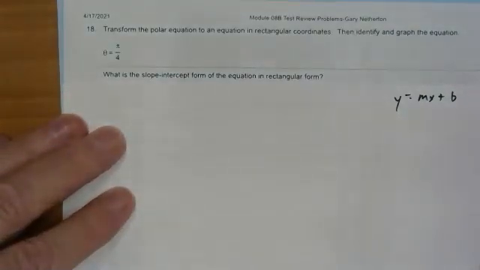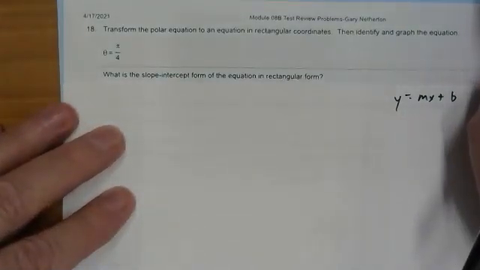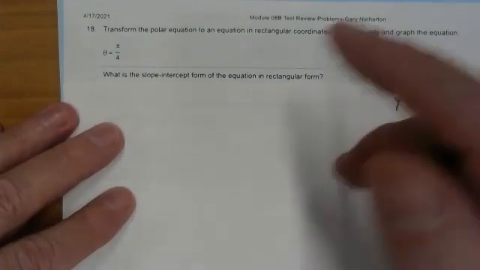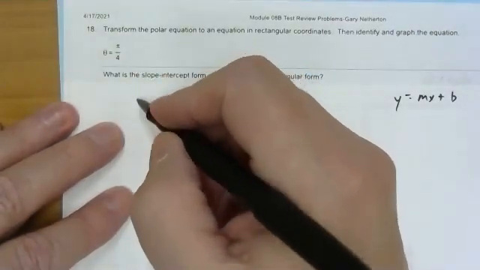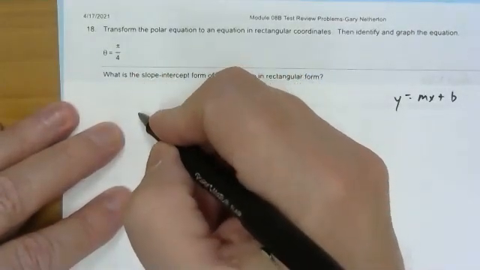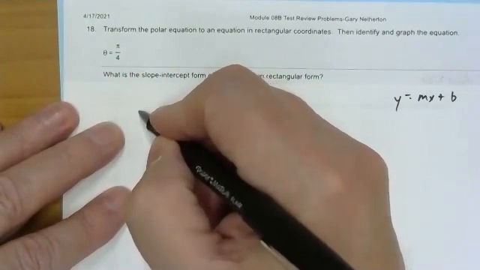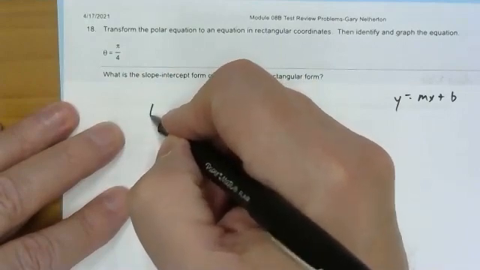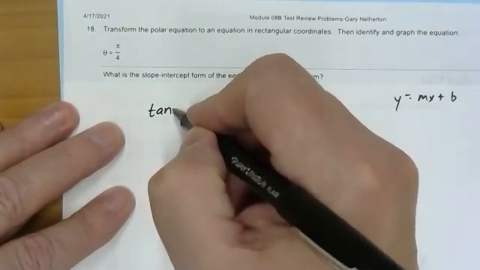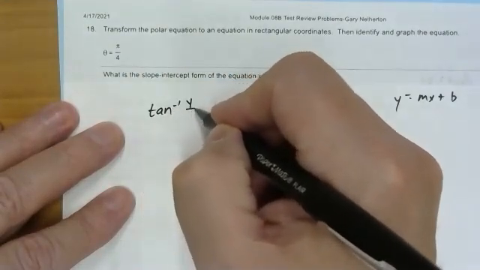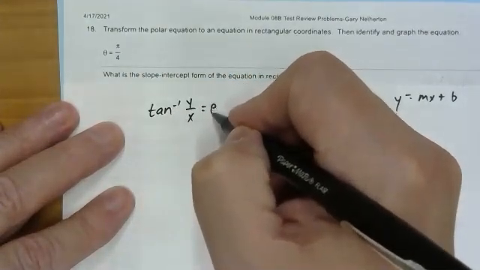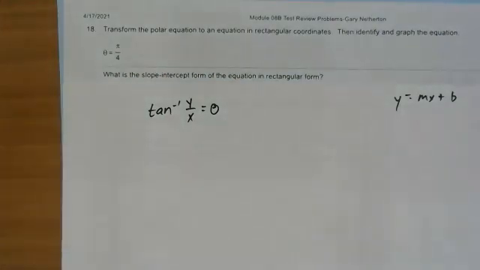Well, you remember that when we were doing polar coordinates, the way we can find theta is to take the inverse tangent of y over x.